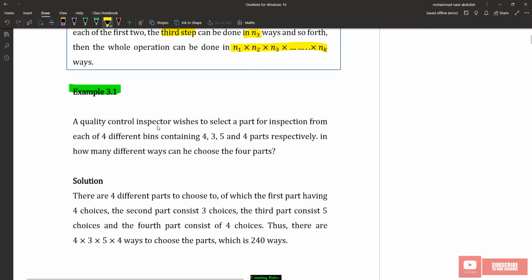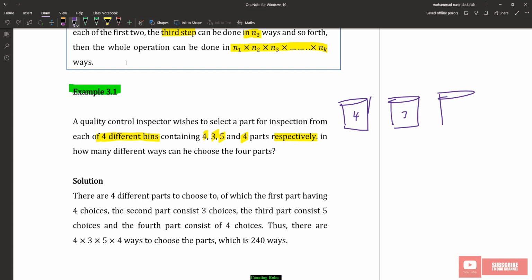Right, let's look at example number 1. A quality control inspector wishes to select parts for inspection from each of 4 different bins containing 4, 3, 5 and 4 parts respectively. That means the first bin has 4 items to choose from, the second bin has 3 items, the third bin has 5 items, and the fourth bin has 4 items.